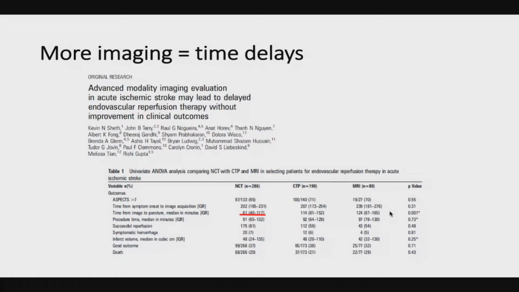And when they did CT perfusion, that time went up to 114 minutes, so it's almost doubled in time. And if they did an MRI, that added another 10 minutes to that, so 124 minutes. So the delay to the patient was almost doubled when we added those advanced imaging techniques.